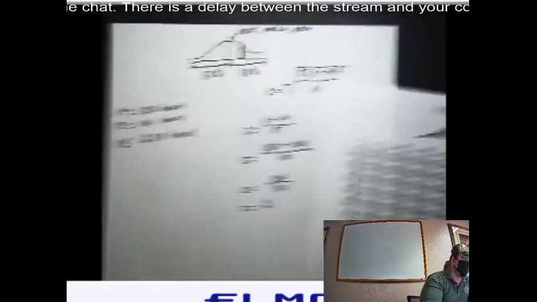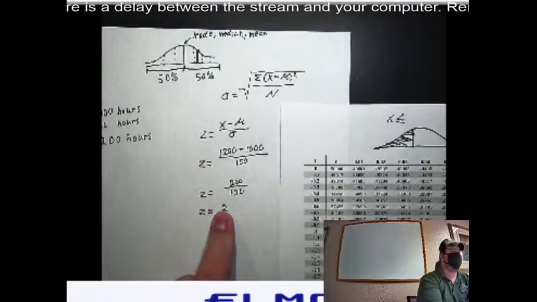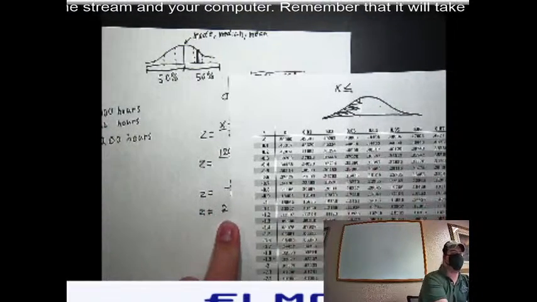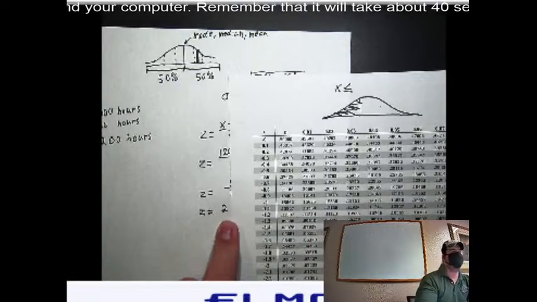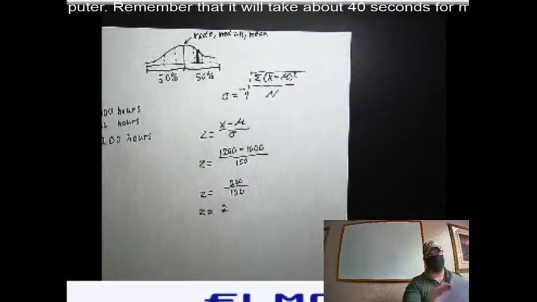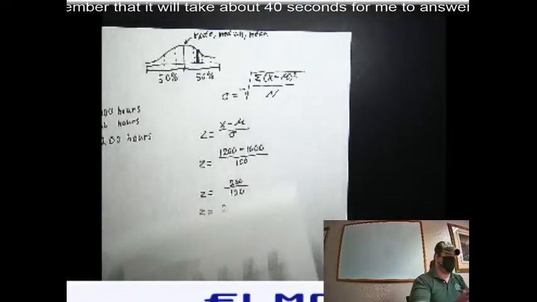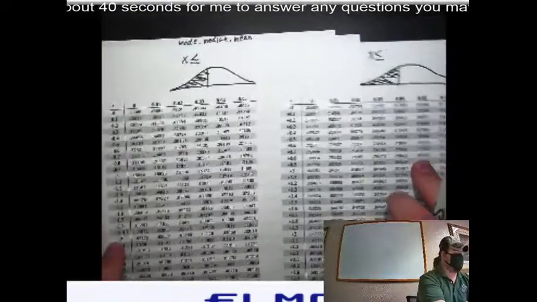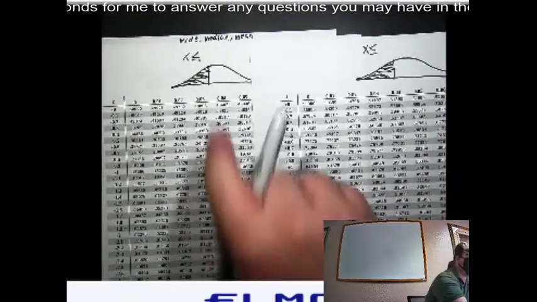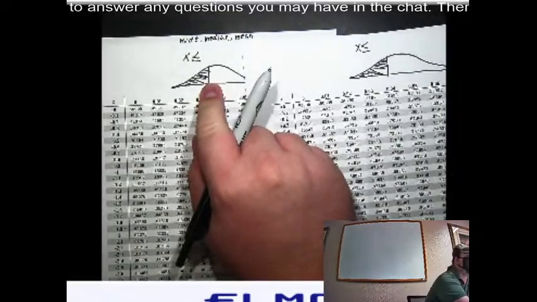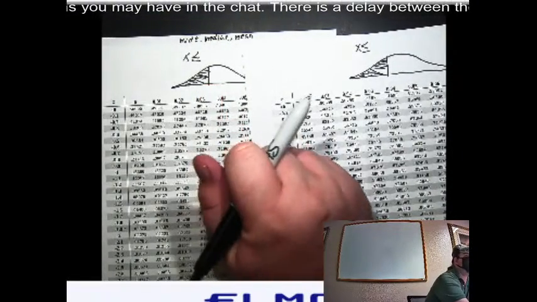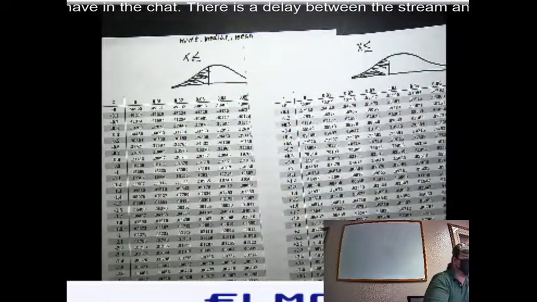And what it does is it takes a z-score and then relates it to a probability. All of these numbers here in the table are probabilities. Okay? Now we actually have two different z-tables. They do the exact same thing. Again, they find the area behind a particular data point.